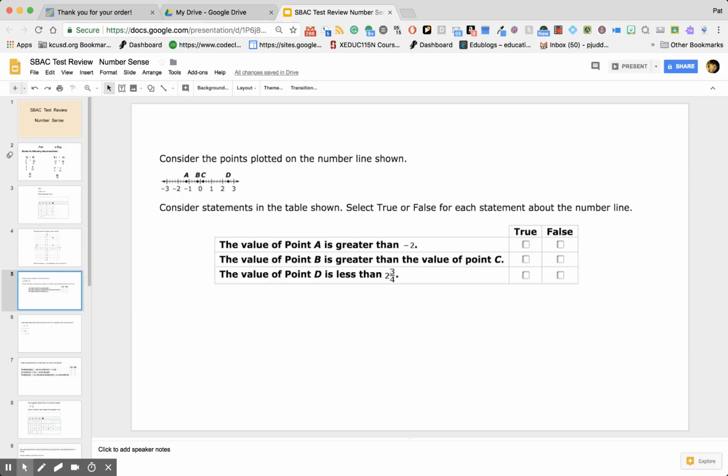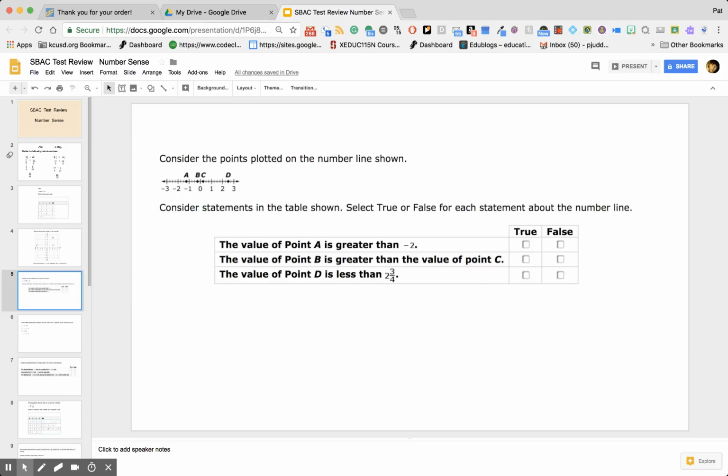The value of point B is greater than the value of point C. B is to the left of 0. C is to the right of 0. And the statement is the value of B is greater than the value of C.